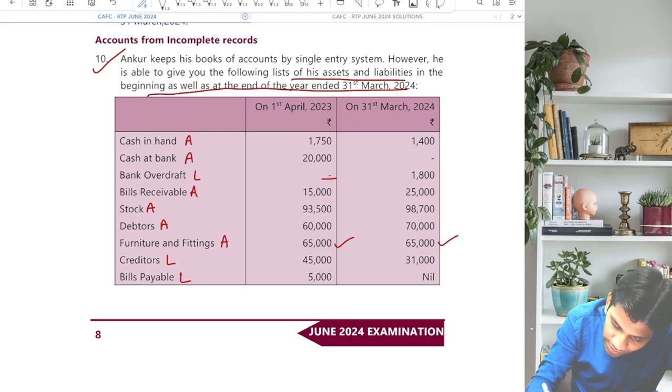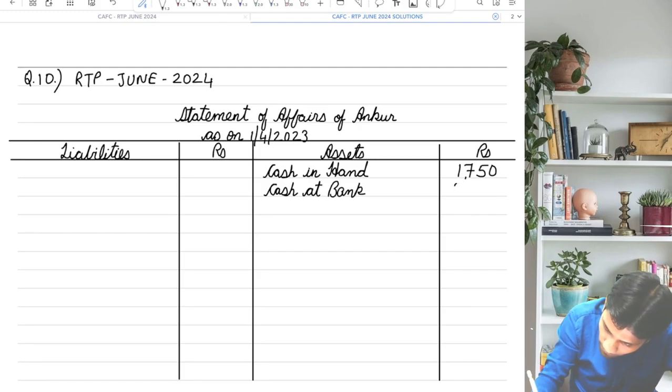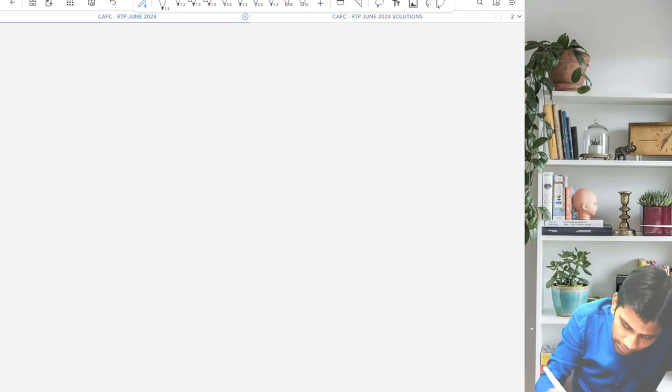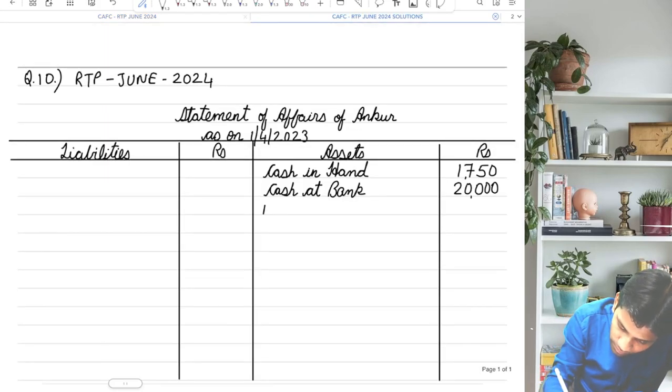Cash at bank 20,000. Next, we have bills receivable 15,000.